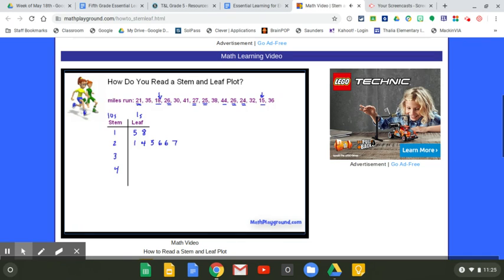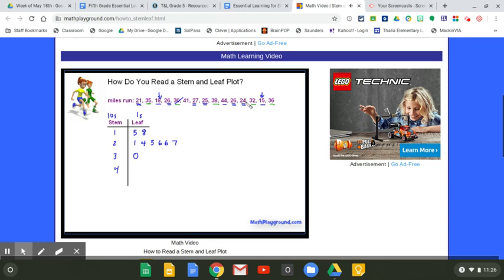Next, we'll look for the number of miles run in the 30s. So we have 35, 30, 38, 32, and 36. So we'll begin with the lowest digit, which is 0.